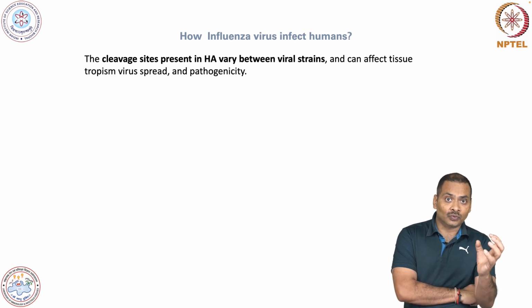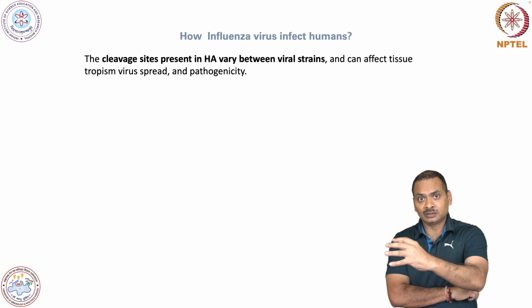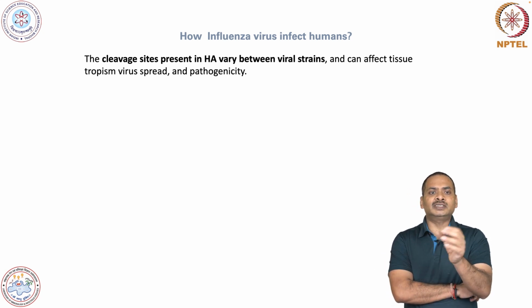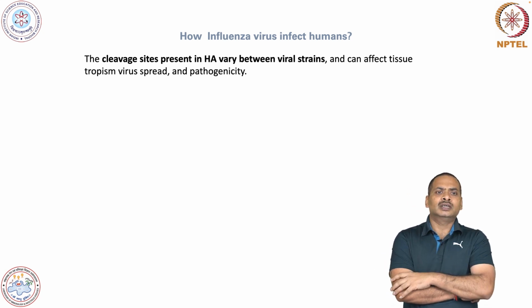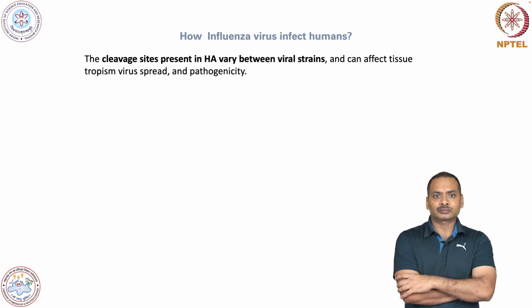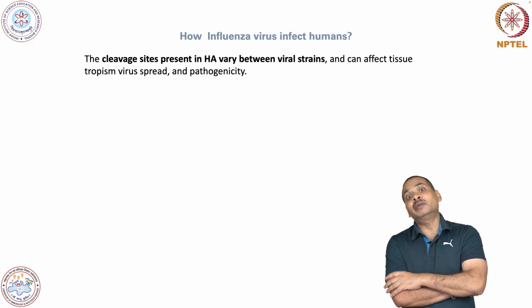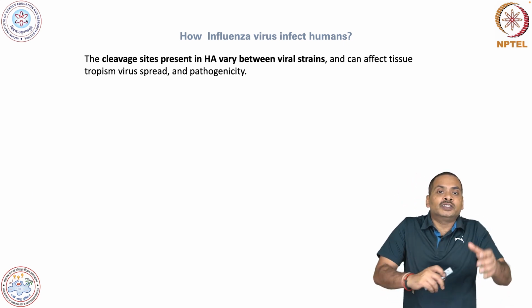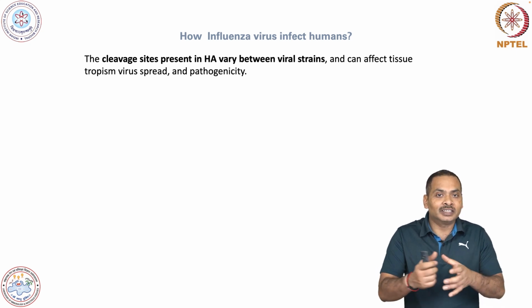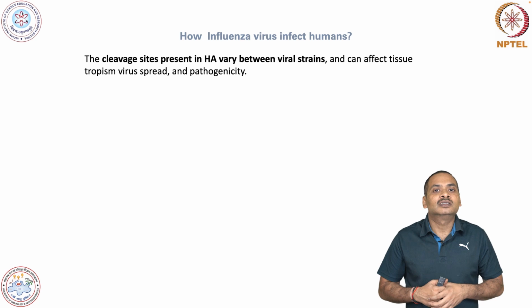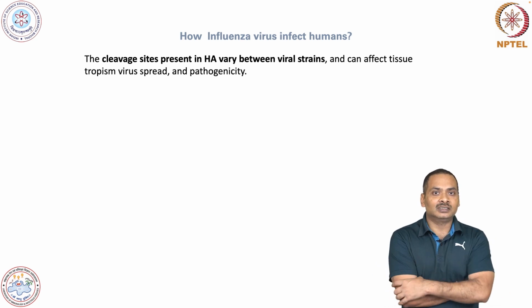Some viruses infect particular cells, others infect other cells, and all of this depends on HA. Tissue tropism results in pathogenicity. If a virus targets a very important cell, for example the epithelial lining of the lungs, then that will cause more fatality.